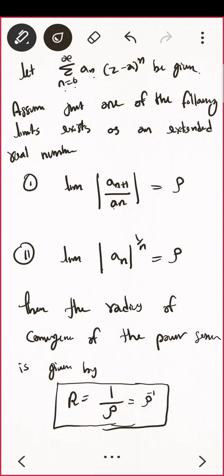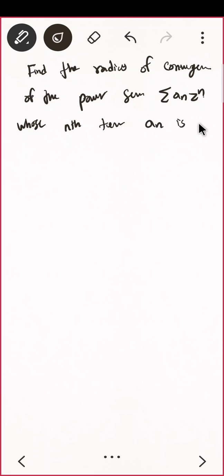So let us see some examples now. Find the radius of convergence of the power series summation of a_n z raised to n, whose nth term a_n is given by: the first one is 1 upon n square plus 1.